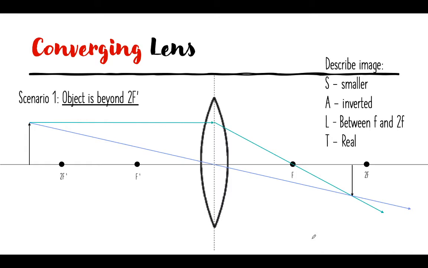Now, this might make a little bit more sense to you when we see a virtual image. You'll see that our mind is able to extrapolate where those lines will meet and then create an image. So that's where our difference lies. So for now, because these light rays are actually meeting at a location and that's where our image is formed, we're going to call this a real image.